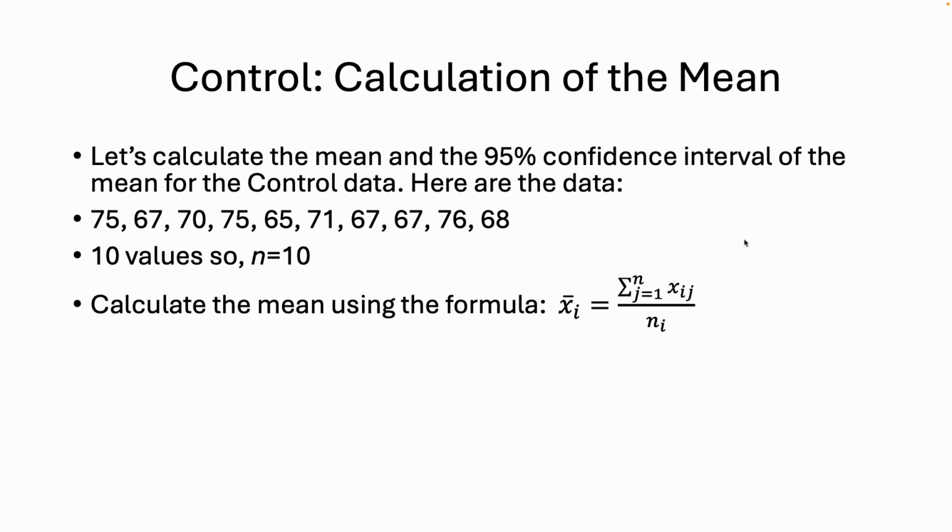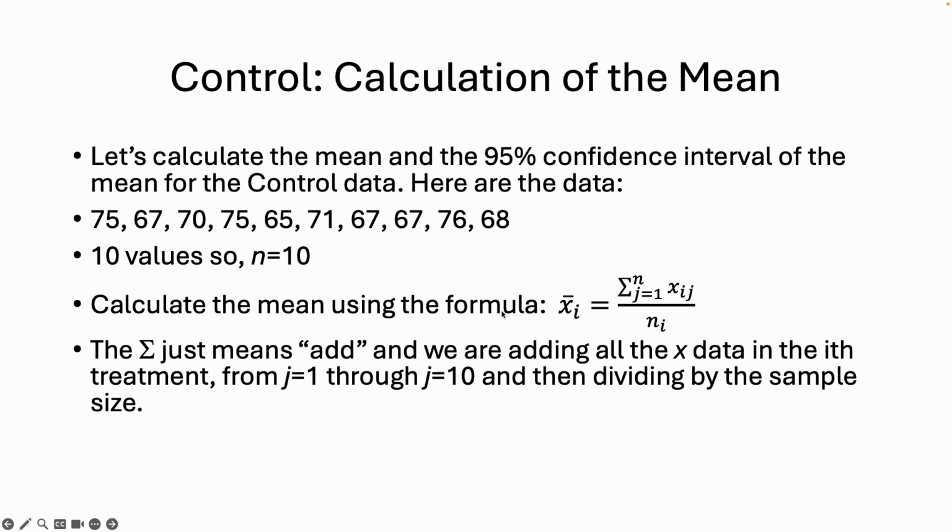To calculate the mean, we use the formula. The mean is equal to the sum of all of the values divided by the number of values that you have. Don't let the formula scare you. The sigma just means add things up, and we're adding from j equals 1 to n, which is the number of values that we have. j is 1 through 10, so we have 10 values within the ith treatment.